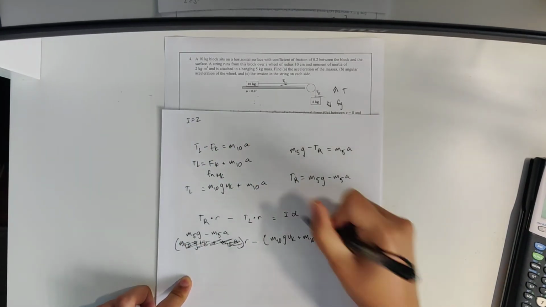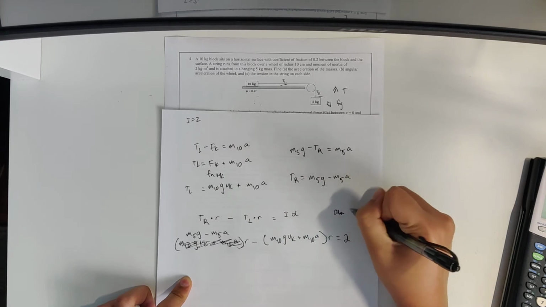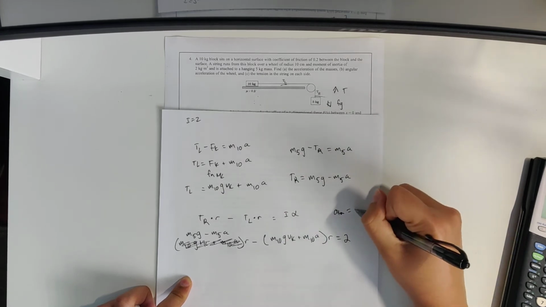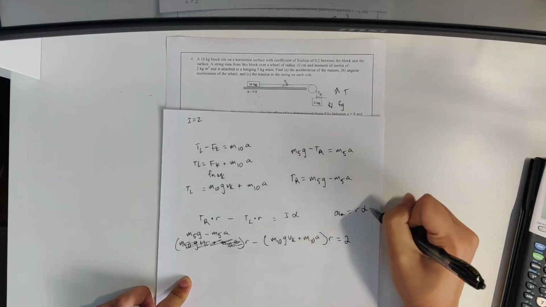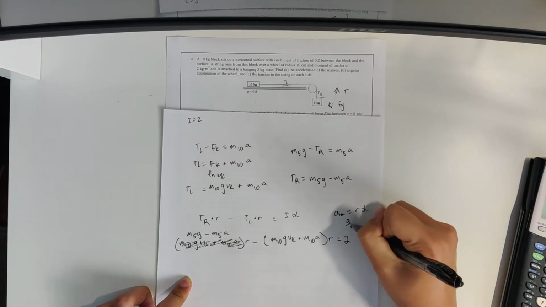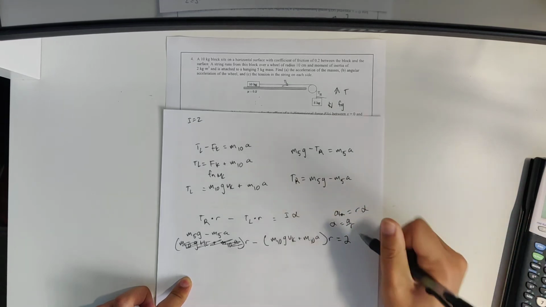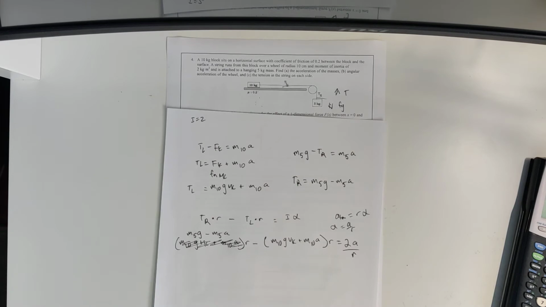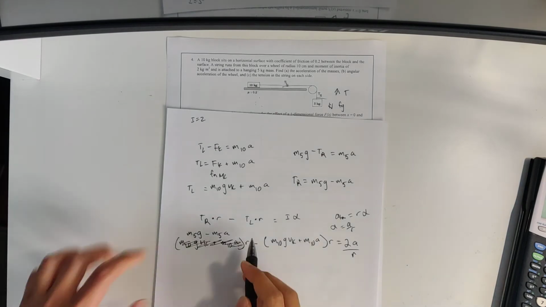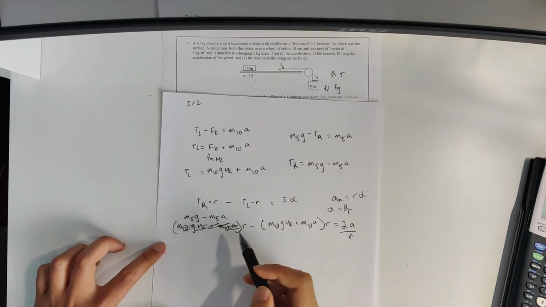So I'm just going to do 2, and then we know that A tangential is equal to alpha R. So if we have an alpha there, just isolate for that. That's going to be A over R, which is equal to alpha. So that's going to be 2A over R. Alright, so let's distribute the R in.